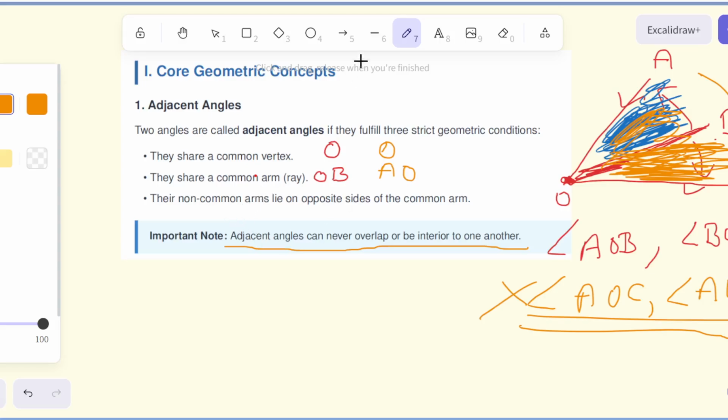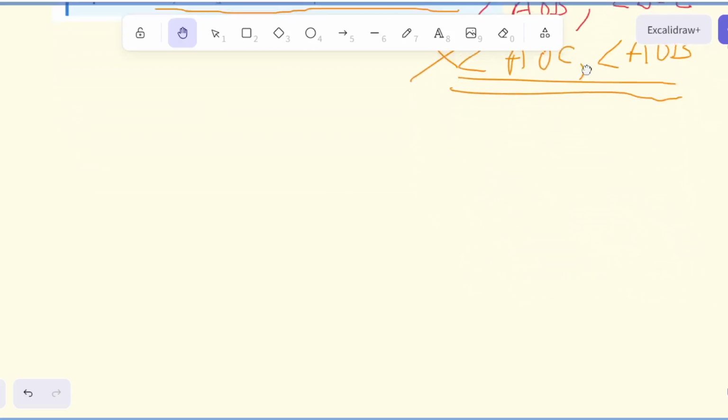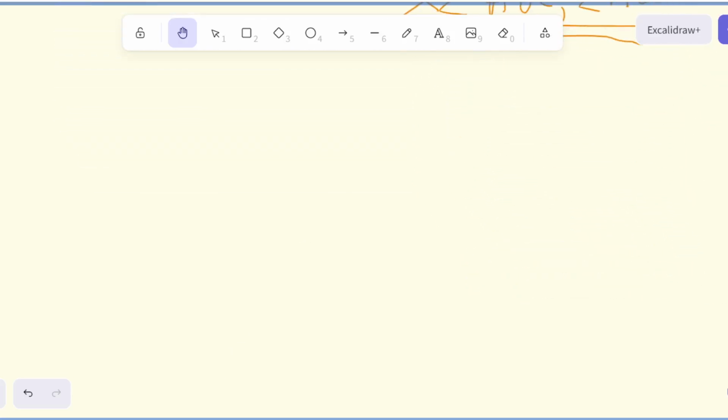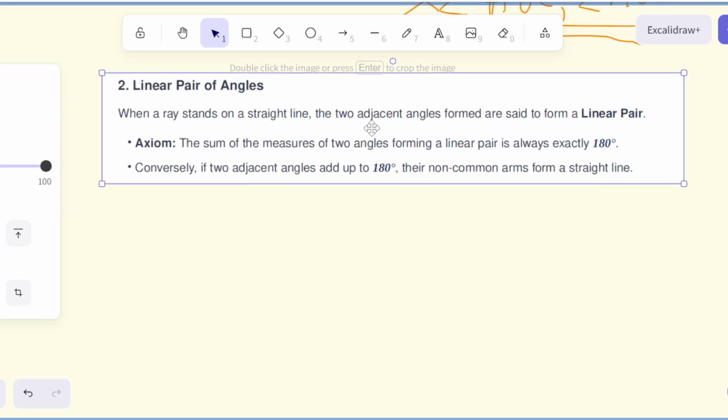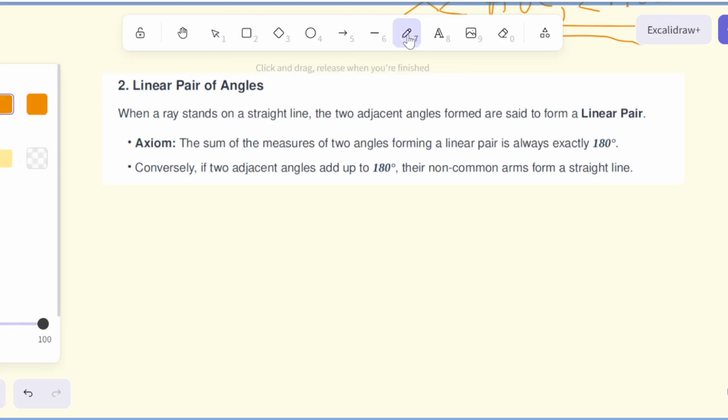Make sense? Okay. The next type of angles we did was the linear pair. They are also a set of adjacent angles on a straight line.